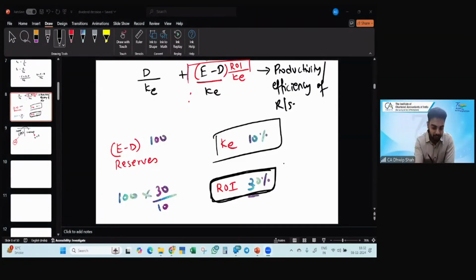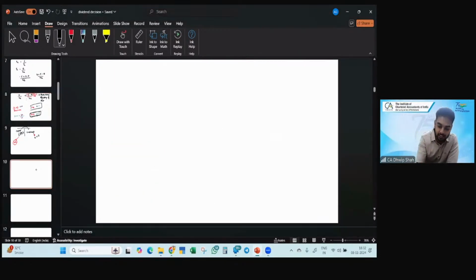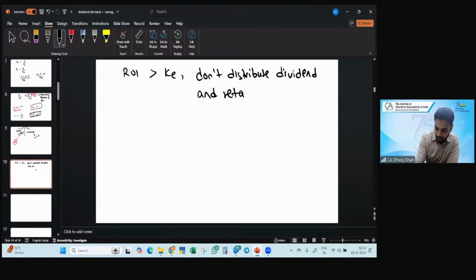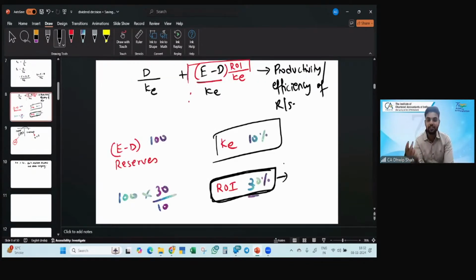Understood? So the inference of Walter is this only. If ROI is greater than KE, don't distribute dividend. Keep it with the company and retain everything. This is what Walter has said in his conclusion. If ROI is greater than KE, it means the company has more efficiency, more earning capacity.